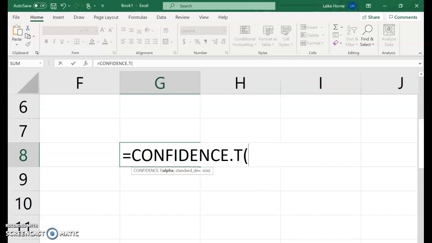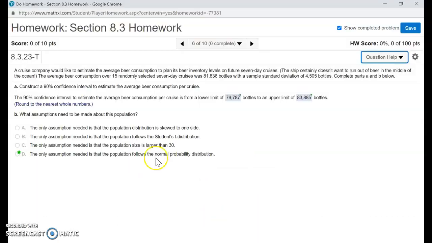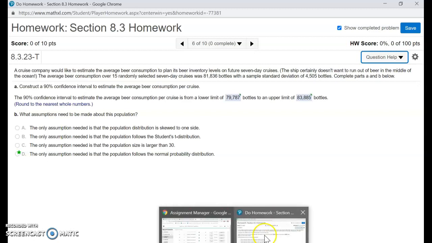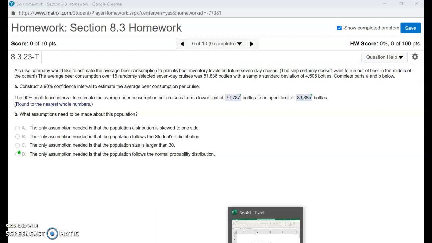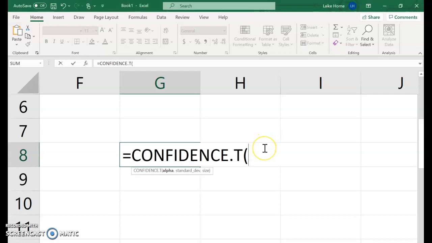And so you're going to have alpha, which is 90%. 100 minus 90 would be 10%, so 0.10. Okay, so 90%, so alpha is 10%, and then our standard deviation and our sample size.